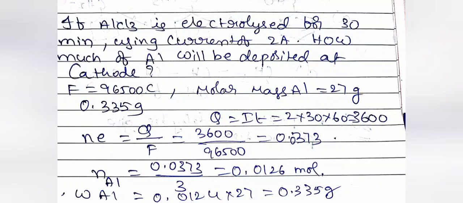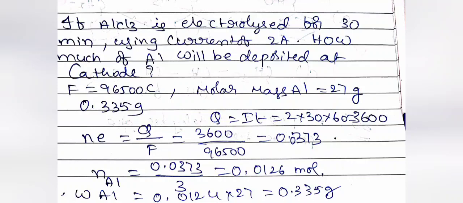Here comes the final question. If AlCl3 is electrolyzed for 30 minutes using current of 2 amperes, how much aluminum will be deposited at cathode? So number of electrons we need to calculate by using the formula Q by F. Q is nothing but I into t and F is nothing but Faraday. So 0.0373 moles of electrons are involved in the electrolysis.